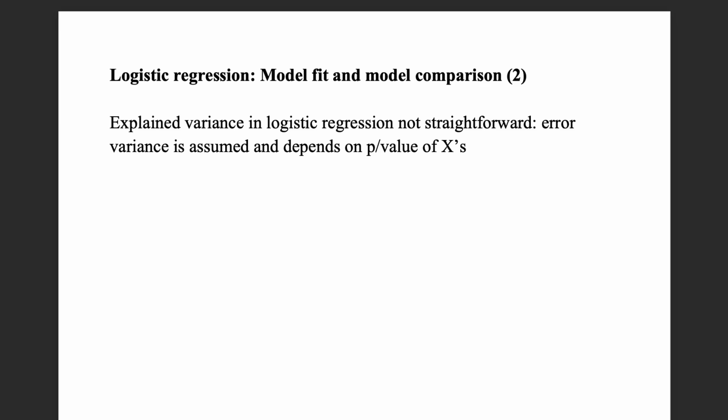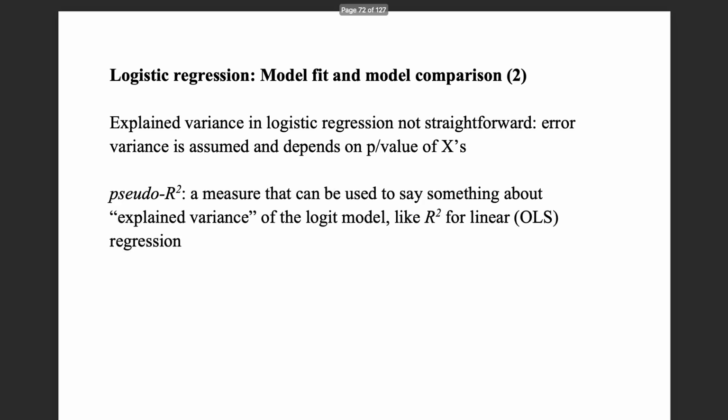And the variance of the error also depends on the probability. In other words, it depends on the values of our X variables. So that means that explained variance is a bit of a difficult concept if you talk about logistic regression models, because there really isn't one variance in that sense. And the variance that we're working with is an assumed rather than an estimated variance.